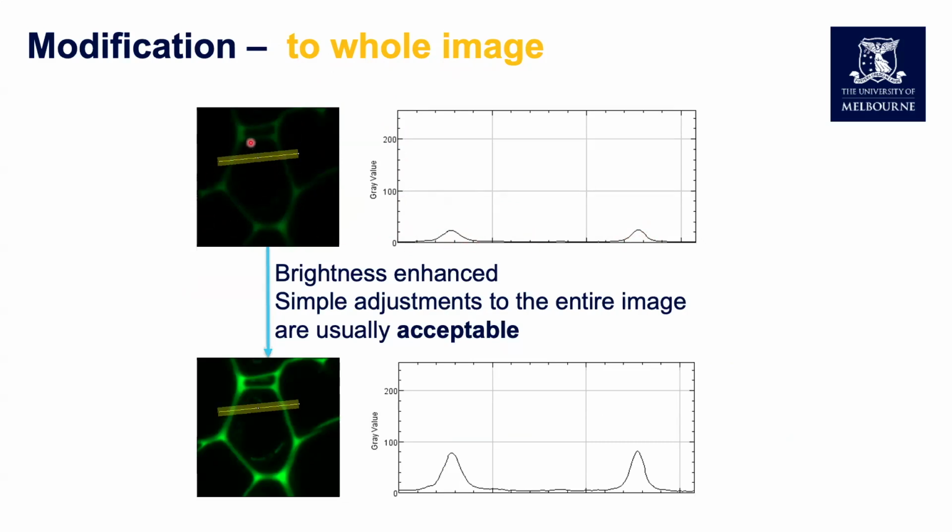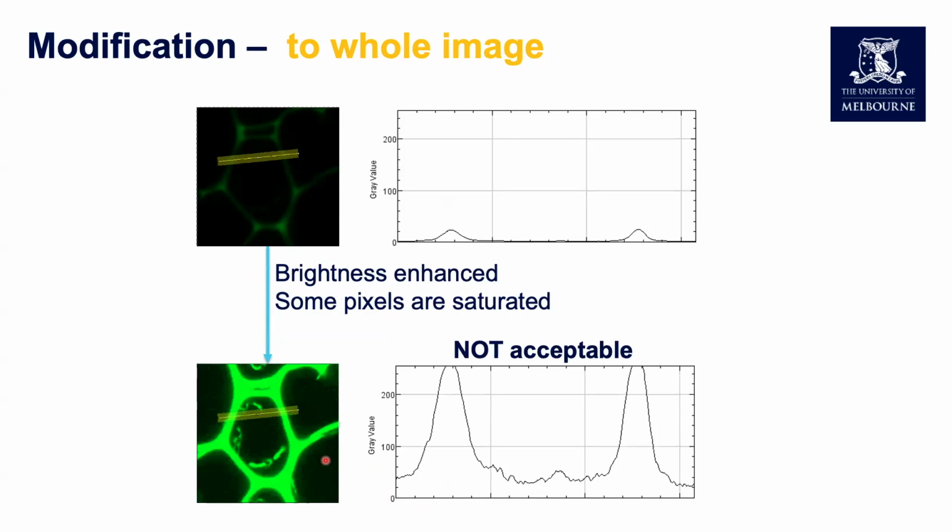So for visualization purposes only, we could enhance the brightness of this image. Okay. So here it's making this a little bit brighter. We're stretching out the intensity values, so we've got a bit better signal to noise. Again, this is just for visualization, not for any kind of intensity quantification.